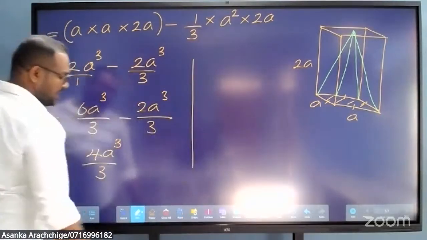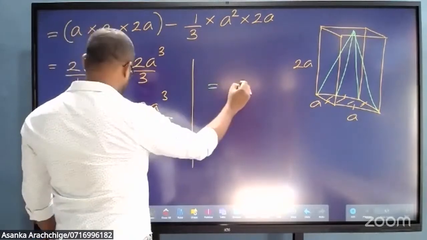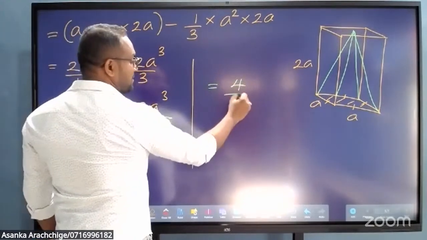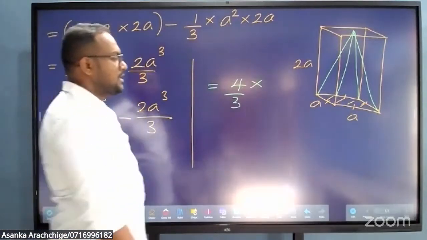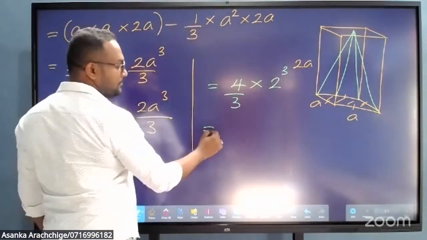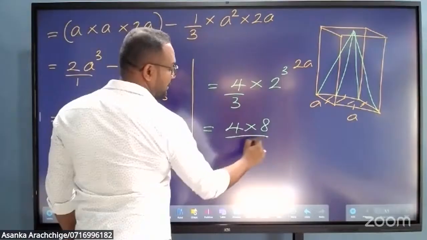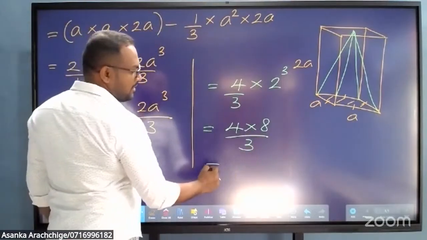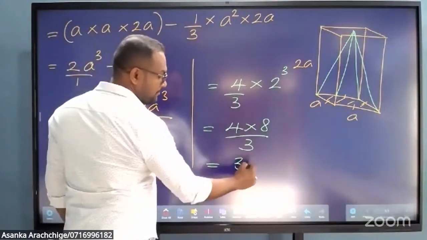But you know A is equal to 2. Therefore, answer 4 upon 3 times A cube. A cube means 2 cube. 4 times 8 upon 3. 8 times 4 value 32.